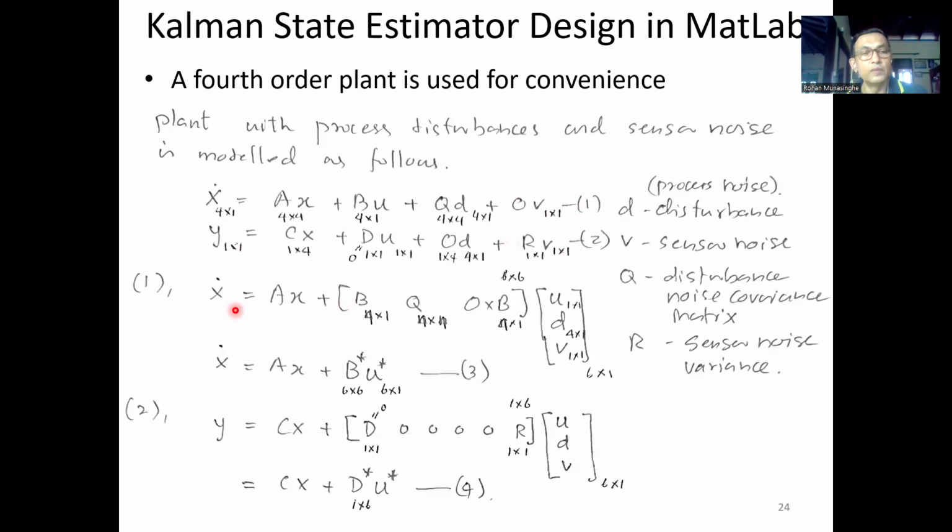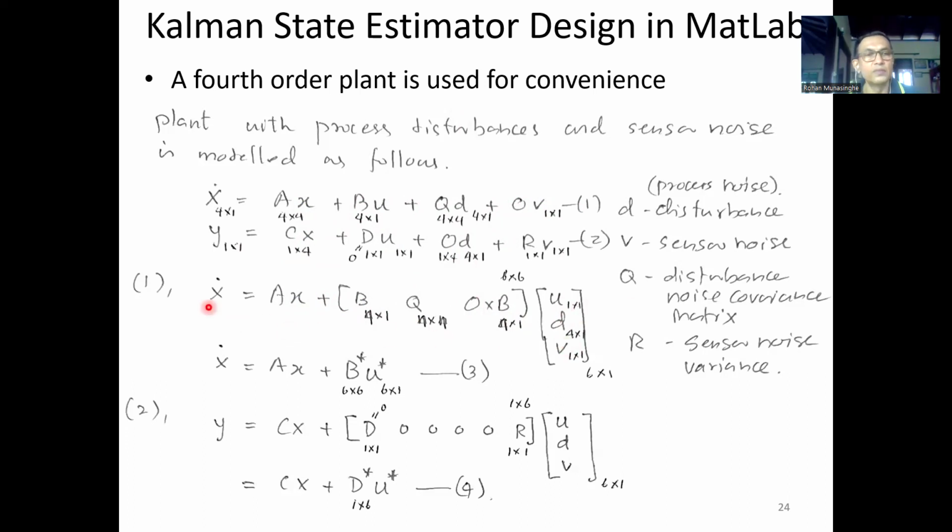So now you can write it down as two terms on the right hand side. Ax plus, you combine this B Q 0 as one matrix times u d v as one column vector.